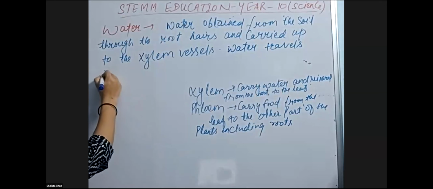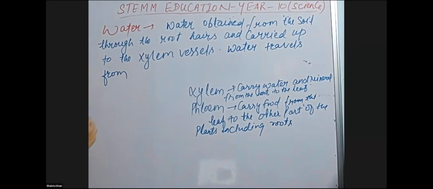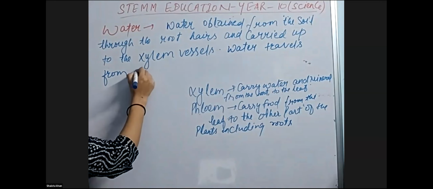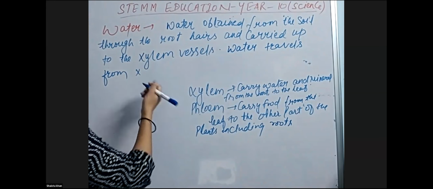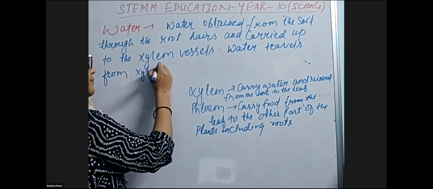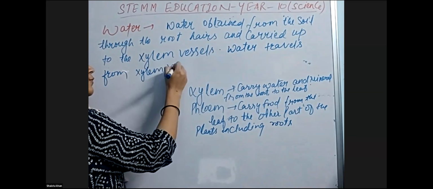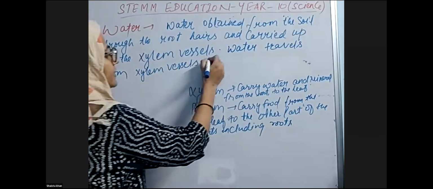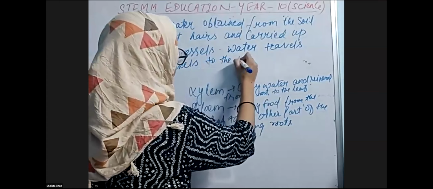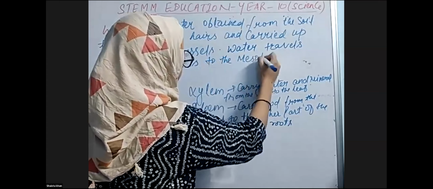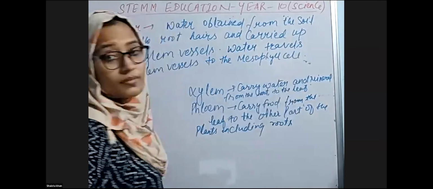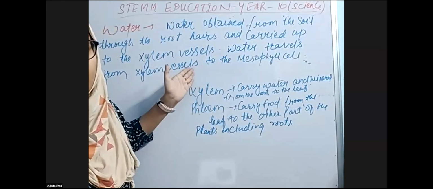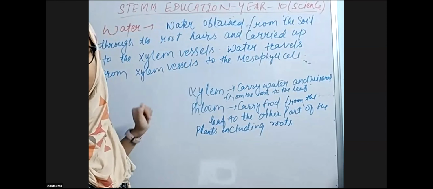Water travels from the xylem vessels to the leaf, to the mesophyll cells. Any doubt till here?